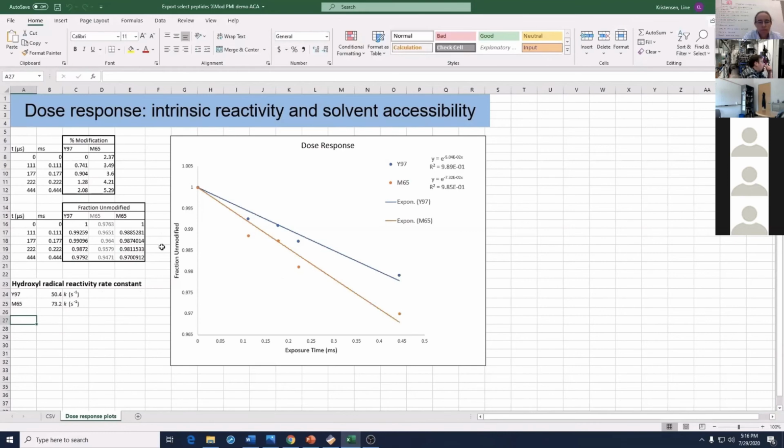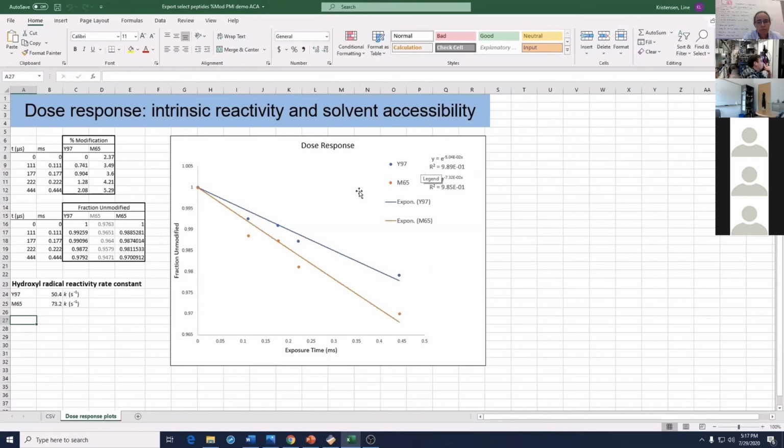And so once you have your fraction unmodified data calculated, you can go ahead and plot fraction unmodified as a function of exposure time. And on the basis of that plot, we can go ahead and generate a trend line. This is a single exponential fit. So we have one here for each residue, along with the associated trend line equation and the correlation coefficient.